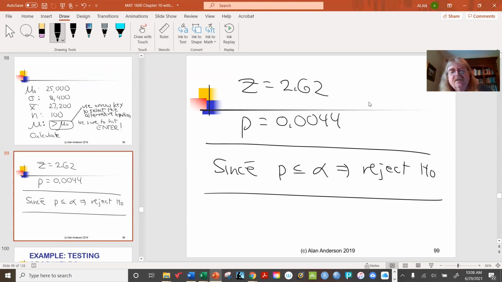And when you run, yeah, it's 2.62 and 0.0044. All right. And then, of course, since the significance was 0.05, that means P is below that, and we reject the null.